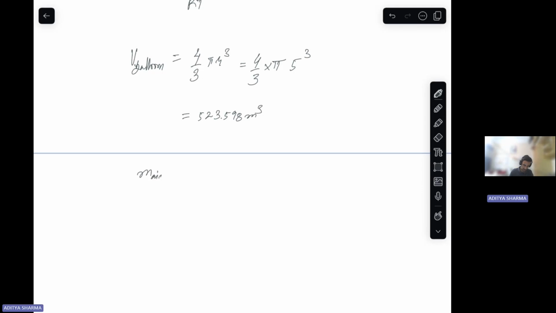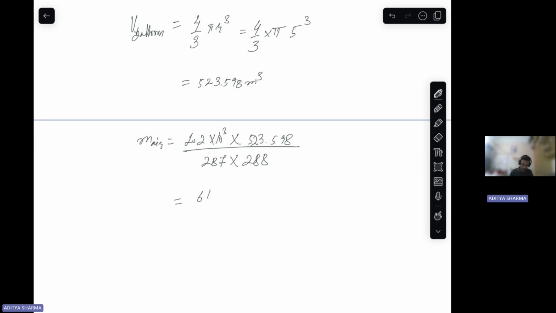So the mass of air displaced is, pressure is 102 kilopascal, R is 287, temperature is 288. So this comes out to be 646.138 kg.